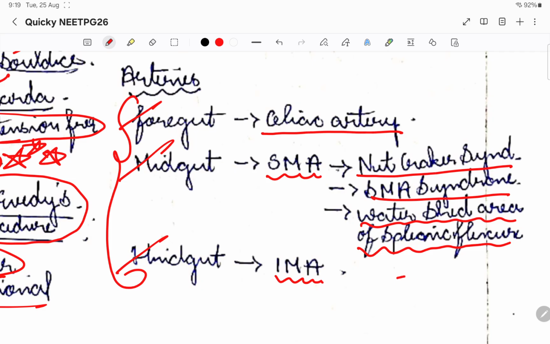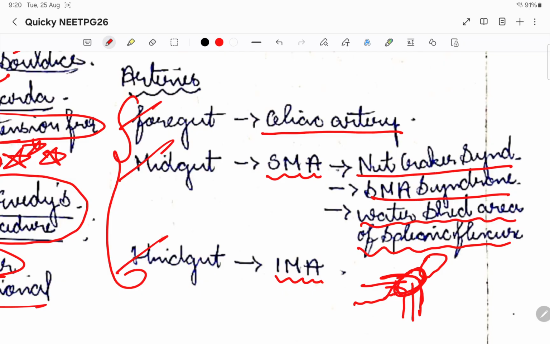So in SMA versus IMA, this is the splenic flexure. This is the transverse colon, this is the descending colon, and here is the spleen, which is why it is called the splenic flexure.